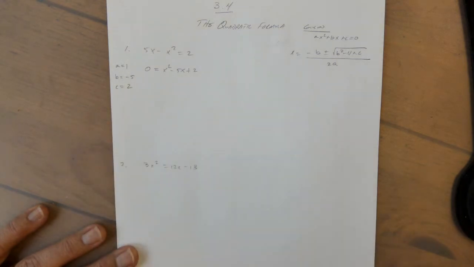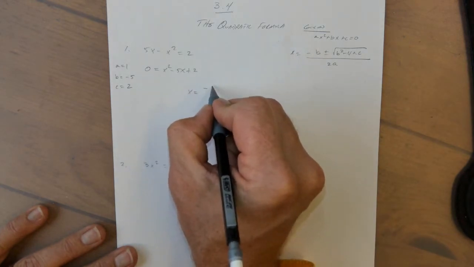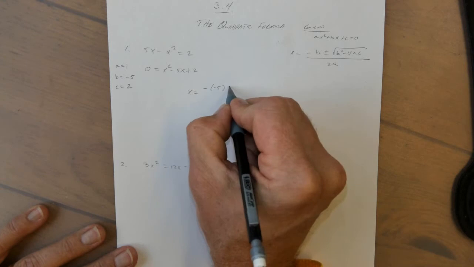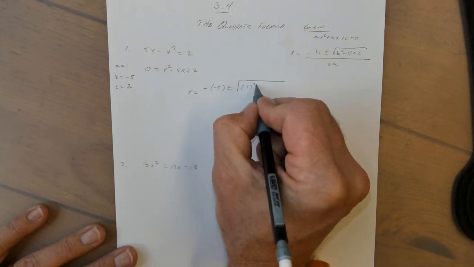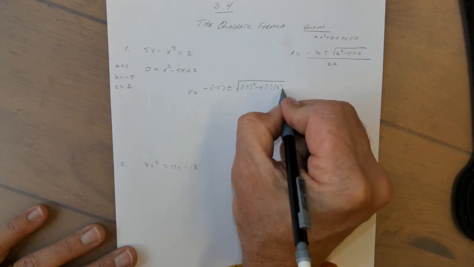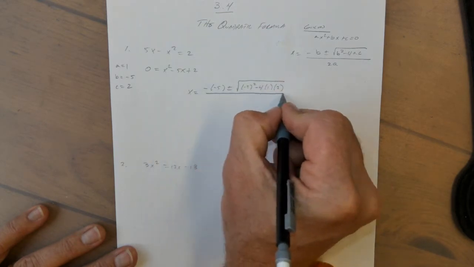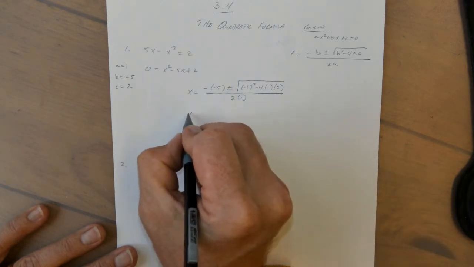So using our quadratic formula, we would have x equals negative negative 5 plus or minus the square root of the quantity negative 5 squared minus 4 times 1 times 2, all over the quantity of 2a, which is 2 times 1.